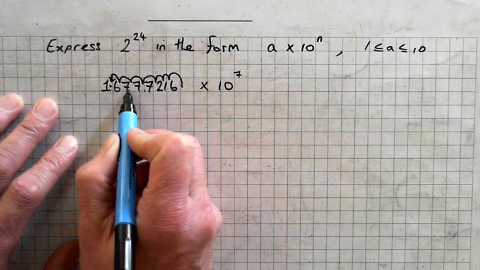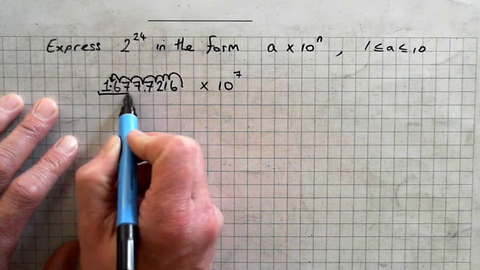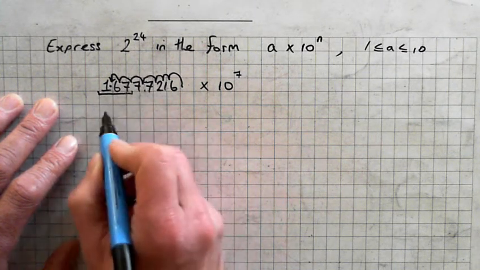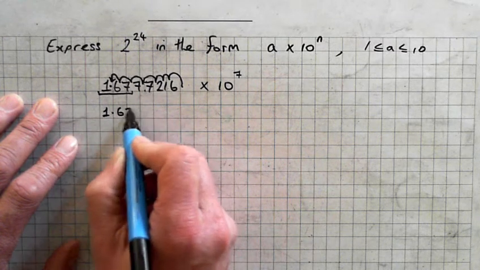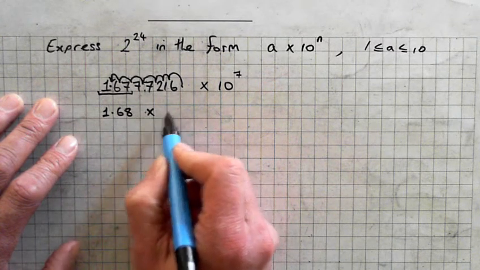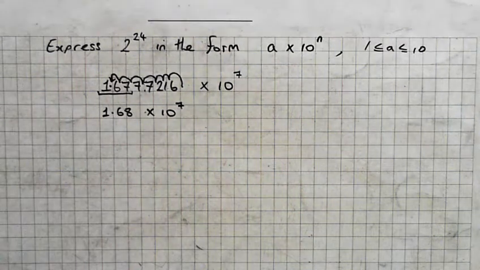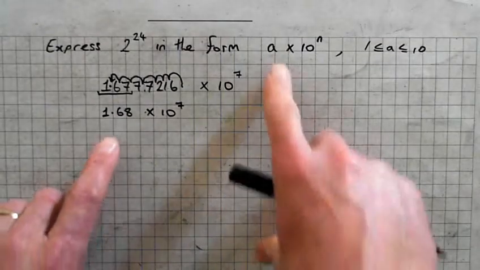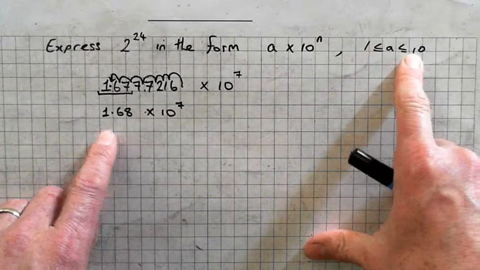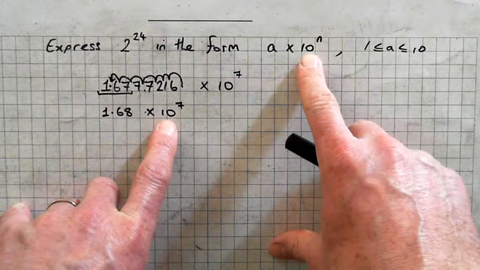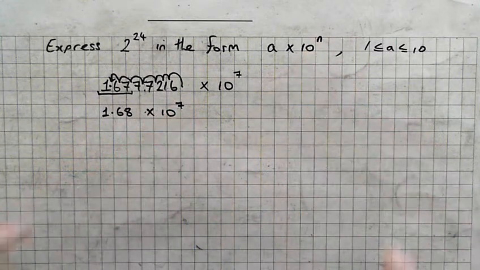So I want 3 figures, and obviously this 7 will round to an 8. So A is between 1 and 10, and there's 10 to the power of 7.